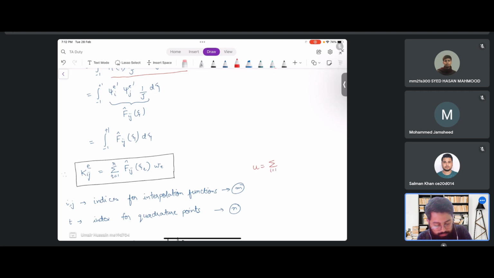u equals sum of psi i u i. So m represents the number of interpolation functions being used to estimate a solution, and then we studied this expression.